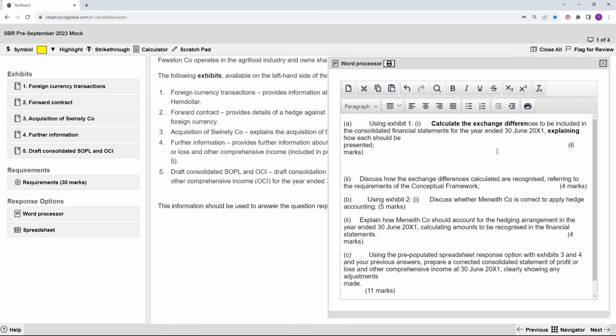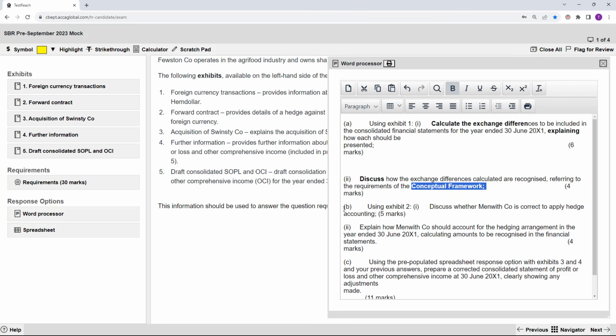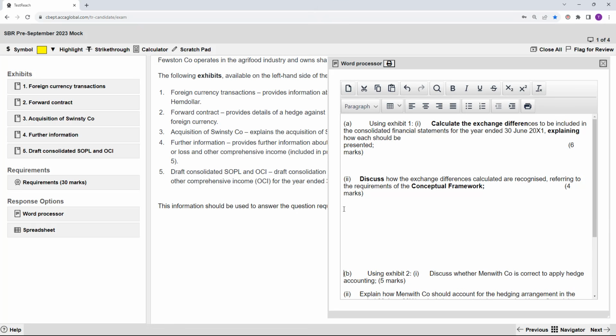And there's 6 marks for doing that. Although the word "and" isn't in there, there are 2 things we've got to do. And then we've got to discuss how the recognition takes place, and we've got to make reference to the framework. So there's 10 marks available there. Maybe there's more than 10 marks actually, because I want to do the question holistically.